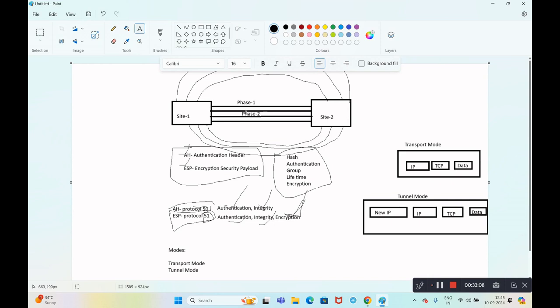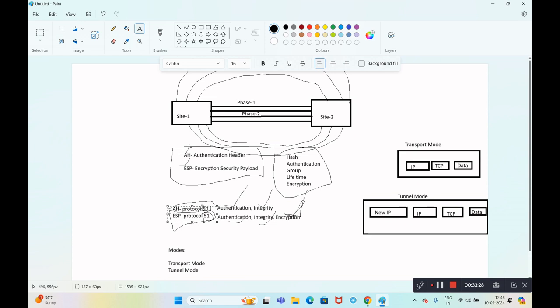If there is a NAT device in between site 1 and site 2, it will be difficult to route these IP headers between them, right? Because IPsec uses the protocols AH and ESP.